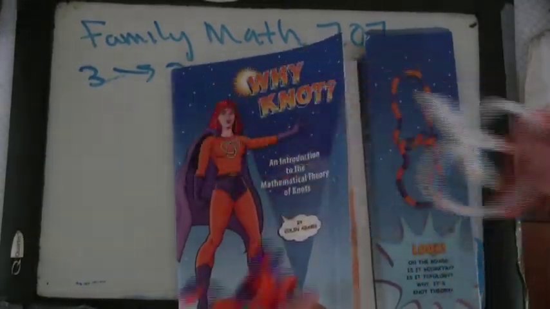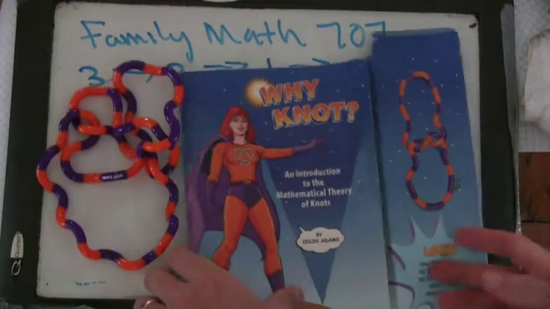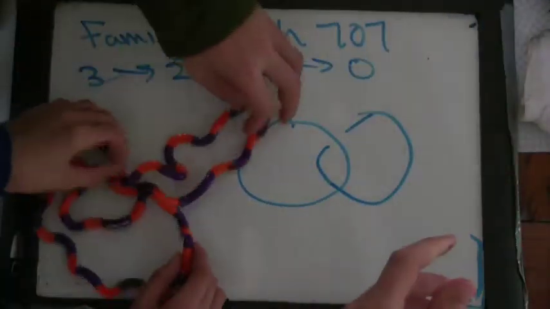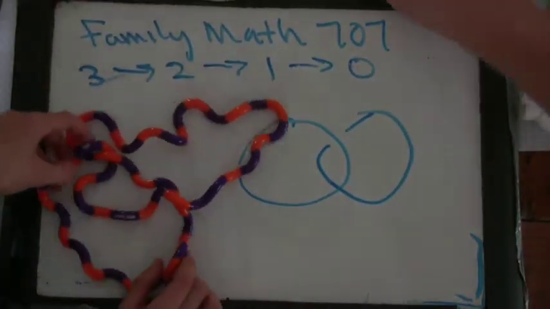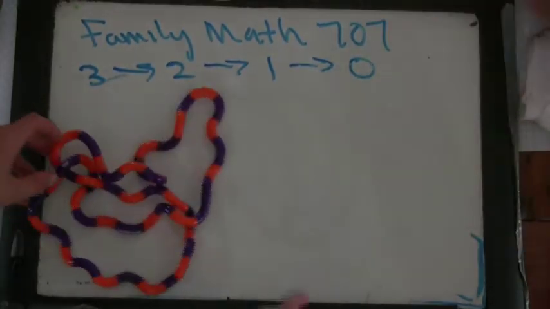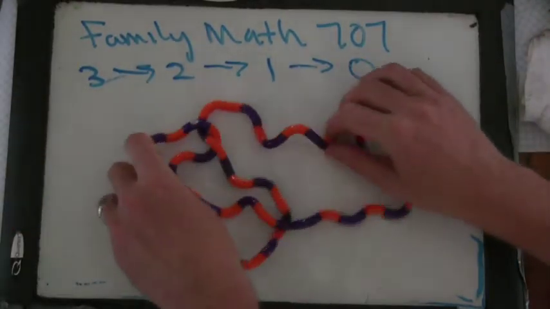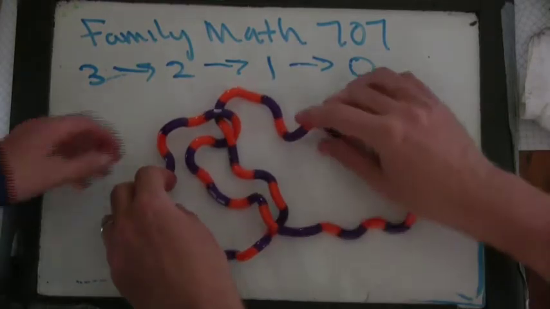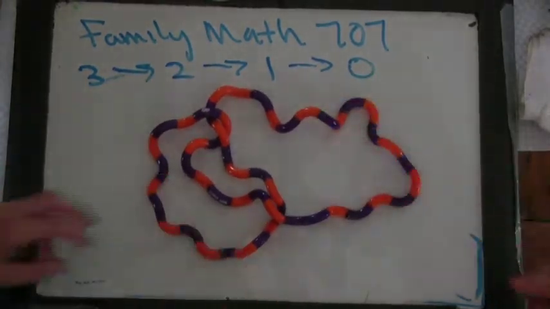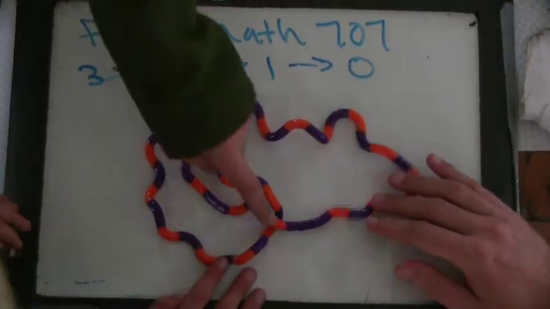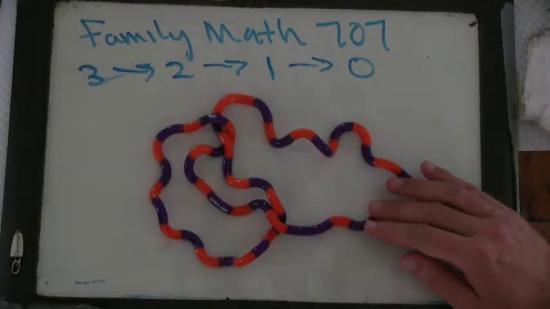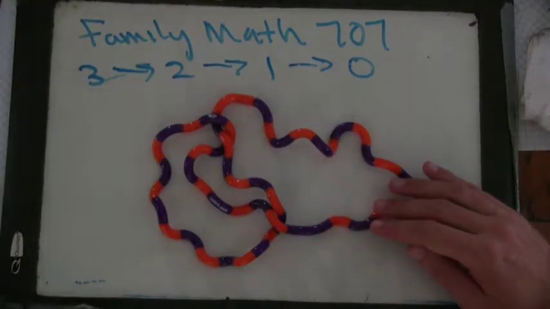Why Not book, and the link that came with it. So let's study this. First, we have made ahead of time a trefoil. Can you count the crossings for me on this? 1, 2, 3. Okay, now when you go from 3 crossings to 2 crossings, this is what I wanted to study here.